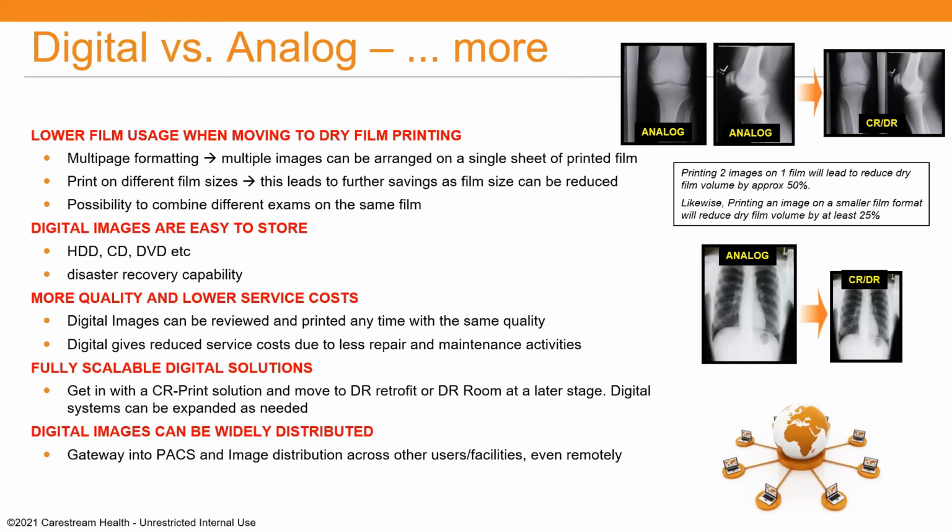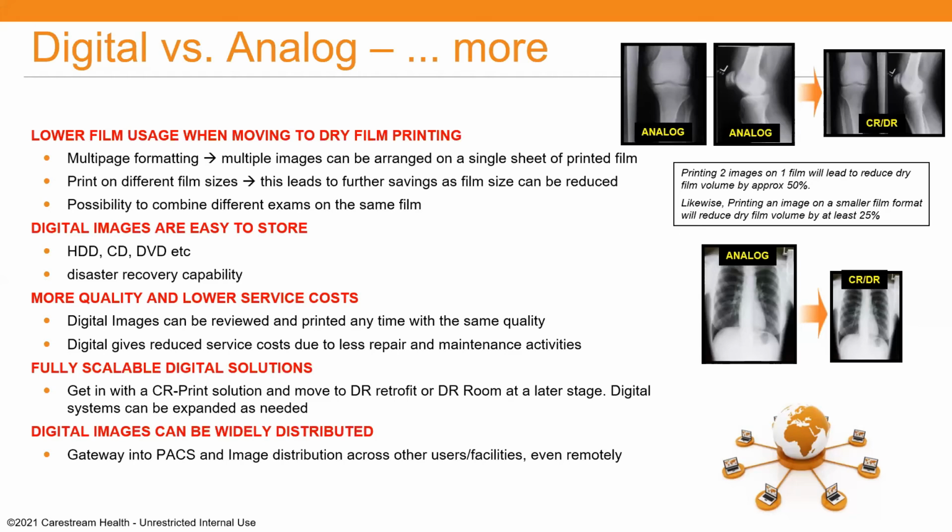So this means that at the end, you will be printing fewer square meters of film with a digital solution compared to the number of square meters used in the current workflow with analog film. Also, you have the capability with the printer to use different film sizes.